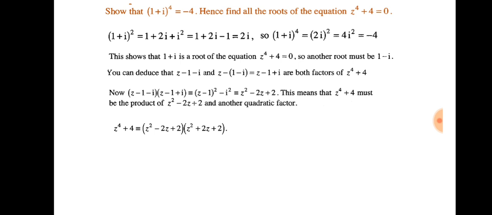So we can write the given polynomial in factored form as z square minus 2z plus 2 times z square plus 2z plus 2.